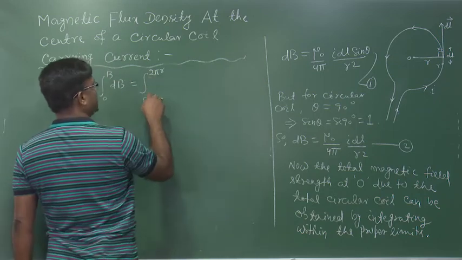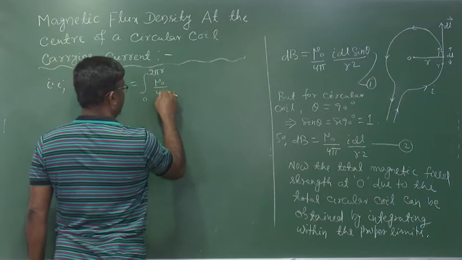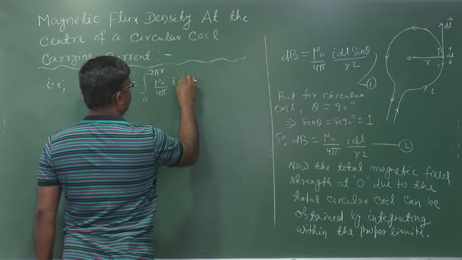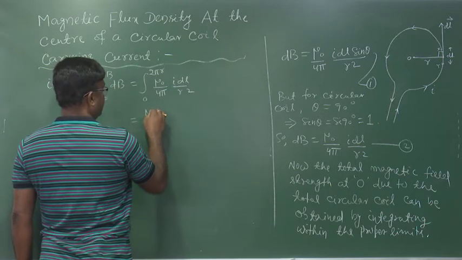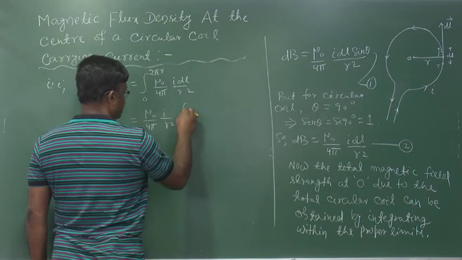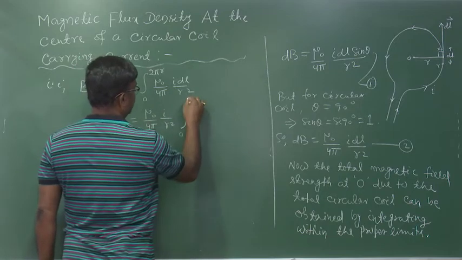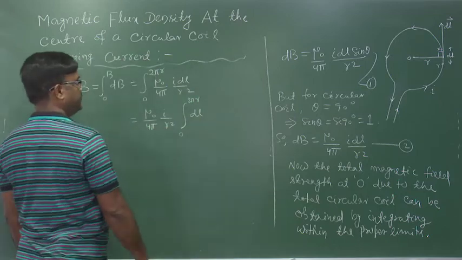So, the limit of integration is from 0 to 2 pi r of mu 0 by 4 pi I dl by r square, which can be written as mu 0 by 4 pi I by r square, with the constant taken outside. So, within the integration it will be the integration of dl.